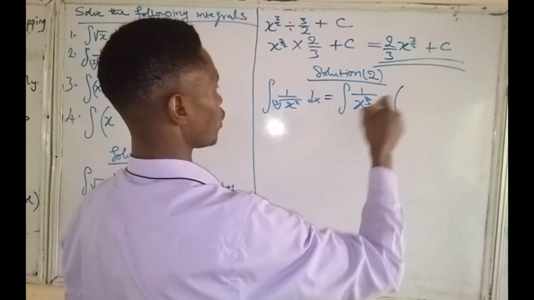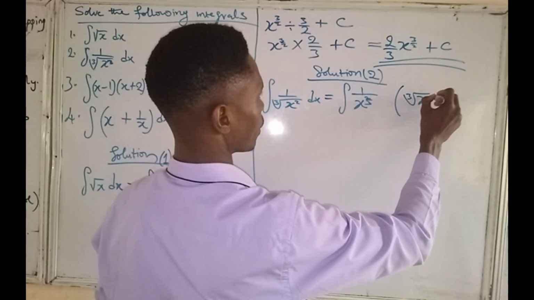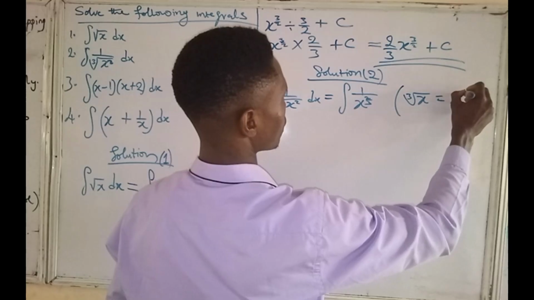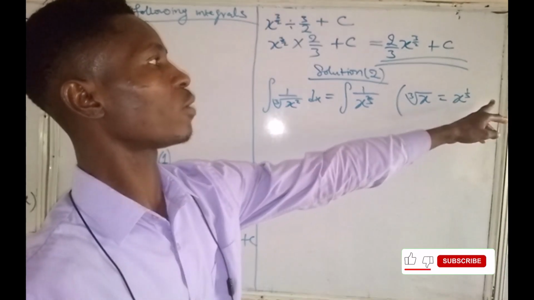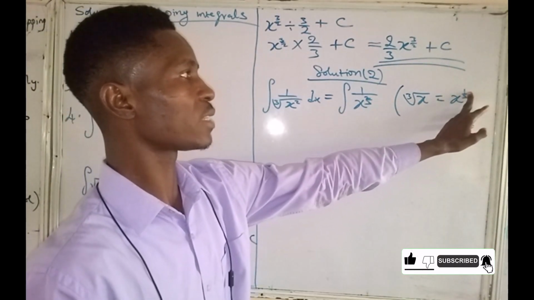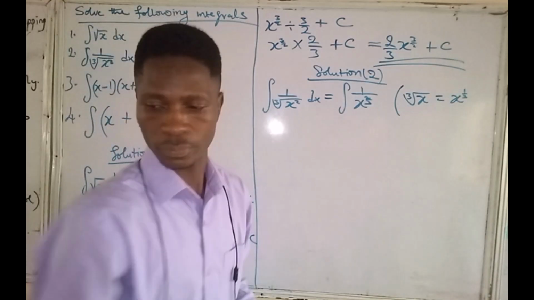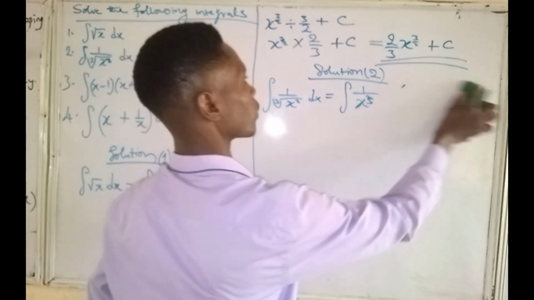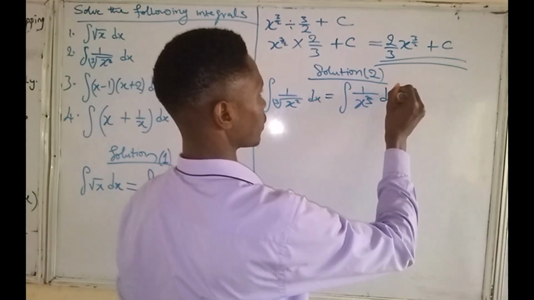If it were to be the cube root of x only, this should give us x raised to the power of 1 over 3. So if we are taking out x raised to the power of 1 over 3, there's already 2 as the square there, so 2 multiplies this to come as the numerator. So this is where we are, the x.